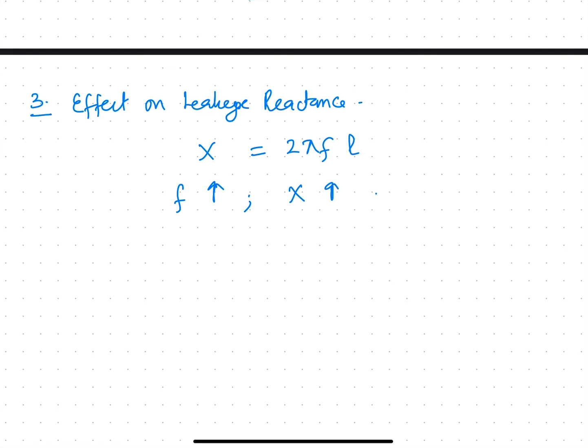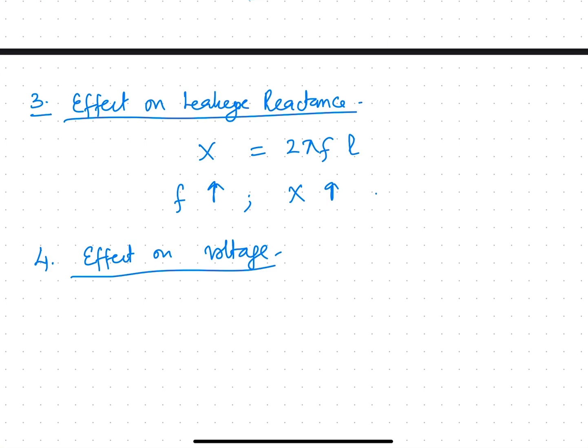This is simple. And lastly, what about voltage? If you change the flux density B as well along with frequency, a new voltage rating is possible.